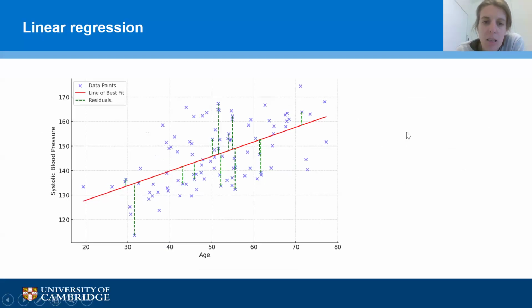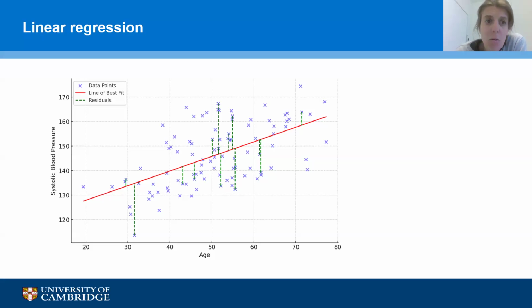And the model is based on minimizing the distance between each point and the line, to find the minimum distance, and this distance between each point and the line is called a residual. I only show some residuals, but each cross has a residual with the line.